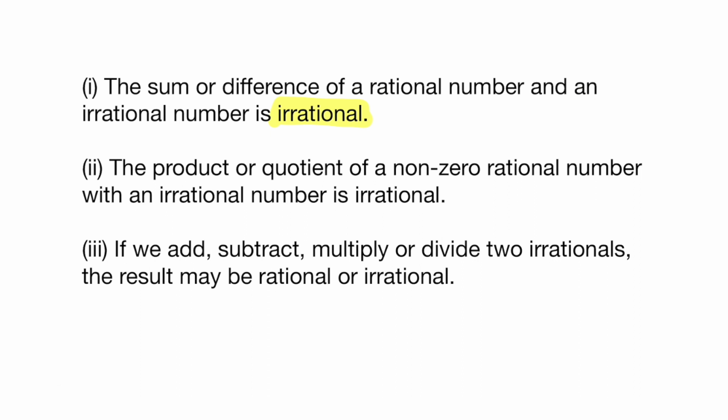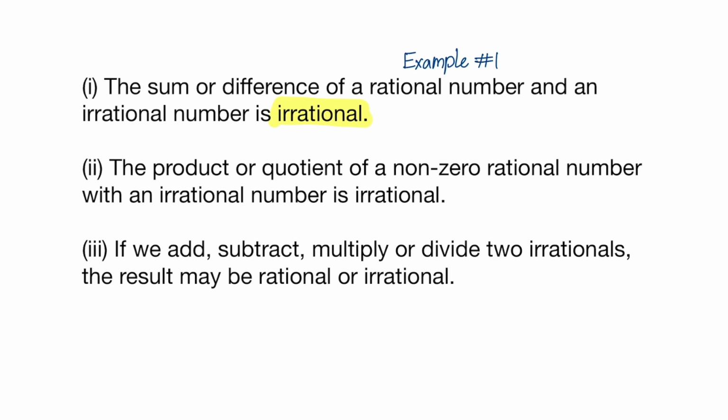Okay, so the sum or difference of rational numbers and irrational numbers gives you irrational numbers. So this is what we saw from example 1, or rather the first example that we saw in this video. I am not exactly sure what example number it is. Okay, so that is what we have seen.